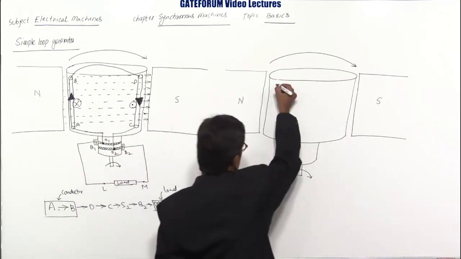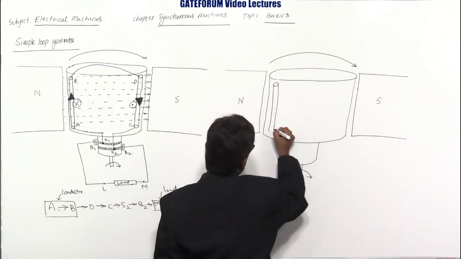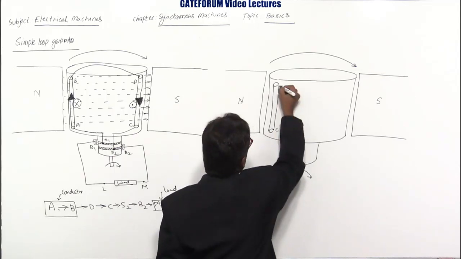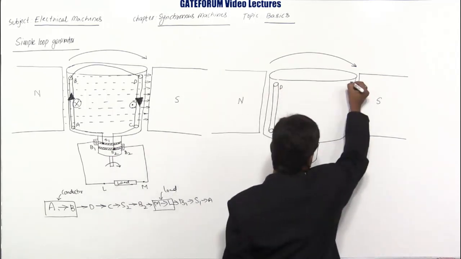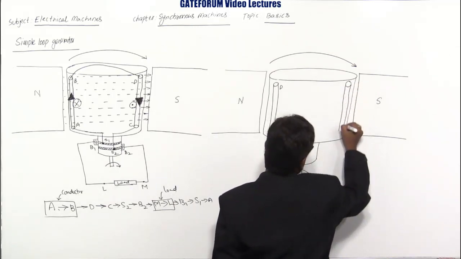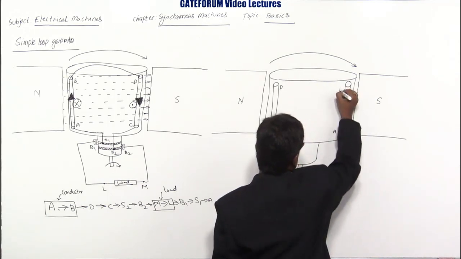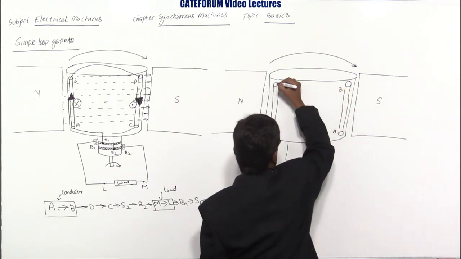So here we have the conductor CD now, and here we have the conductor AB. These two are joined together.